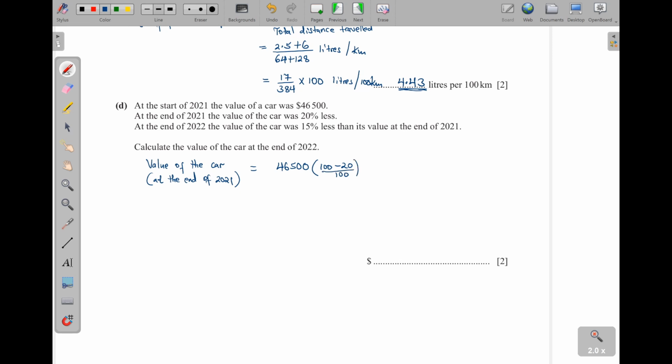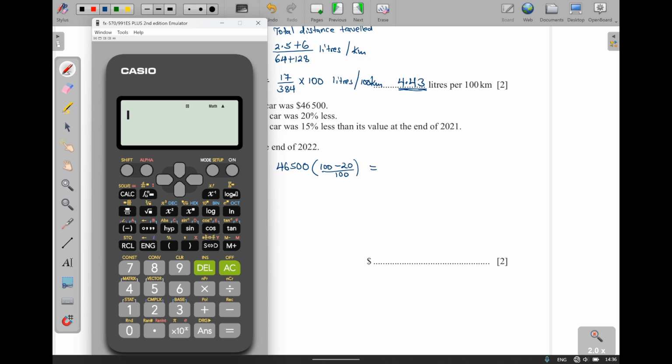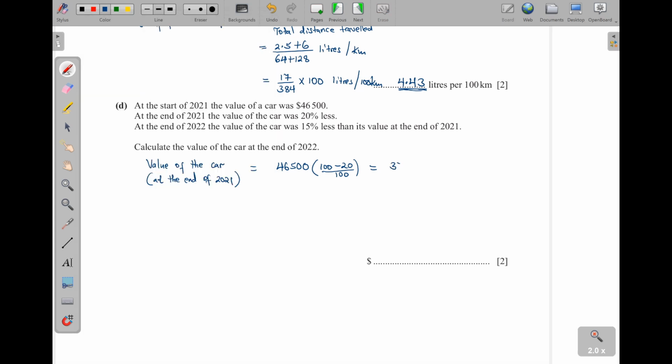What do we get? 46,500 times 100 minus 20 over 100. Then this gives us 37200. This is the value of the car at the end of 2021.